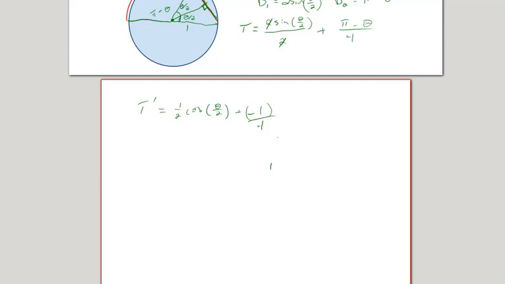Pi being a constant, of course, that is 0, and then minus 1 because the derivative of theta is 1. All right, now we want to know, where is that derivative 0?